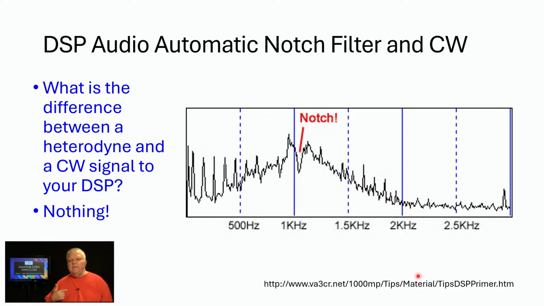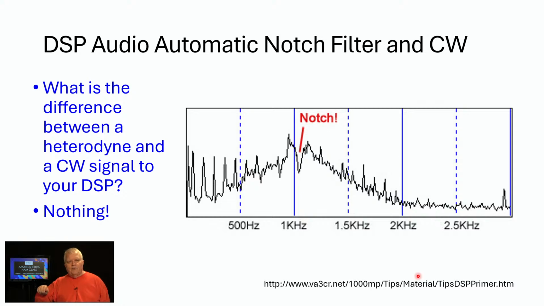Just keep in mind, if you're going to use an audio automatic notch filter, which they make, it would be used for single sideband. If a carrier comes up on a nearby frequency, it's going to cause a loud tone in your headphones. If you have an automatic audio notch filter, it eliminates that, so you don't have that interfering tone ringing in your headphones.